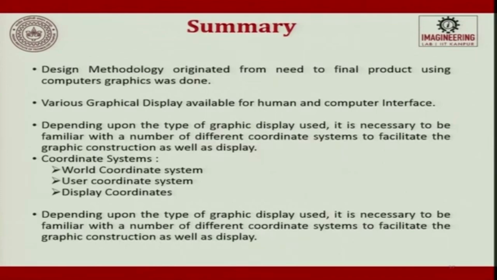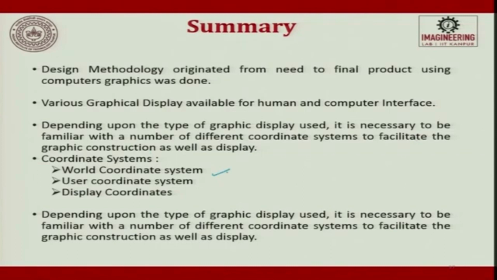To summarize what we saw in this particular chapter, we saw design methodology originates from need to final product using computer graphics. Various graphic displays available for human and computer interface we saw. Depending on the type of graphic display used, it is necessary to familiarize with a number of different coordinate systems to facilitate the graphic construction as well as display.